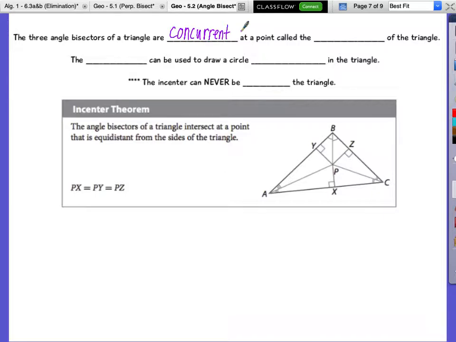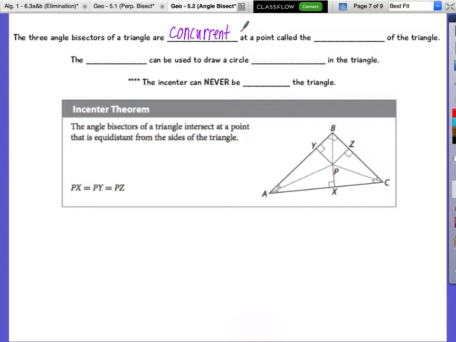So con, C-O-N, means together, like conjoin, join together, or container, contain, they're together in that container. Concurrent, and current is like the same kind of time or the same kind of place. So concurrent means together at the same spot, intersecting at the same spot.